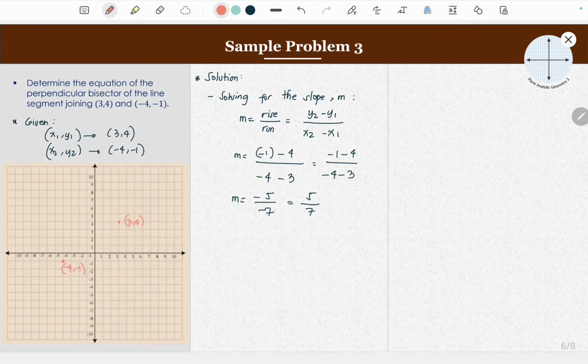So let's join these two points in order to get the line segment. So this is just a line segment. So from here to there.